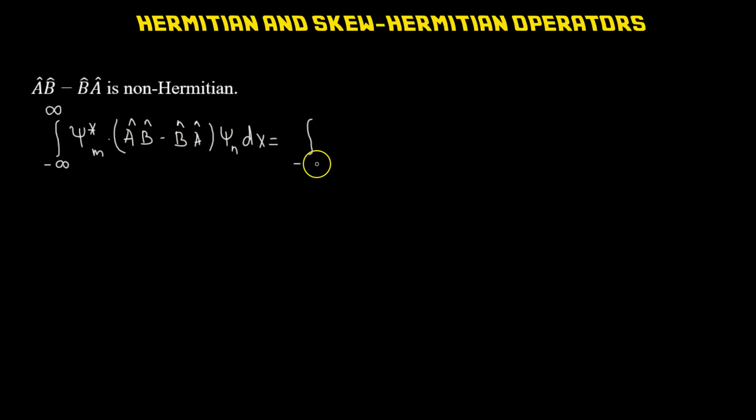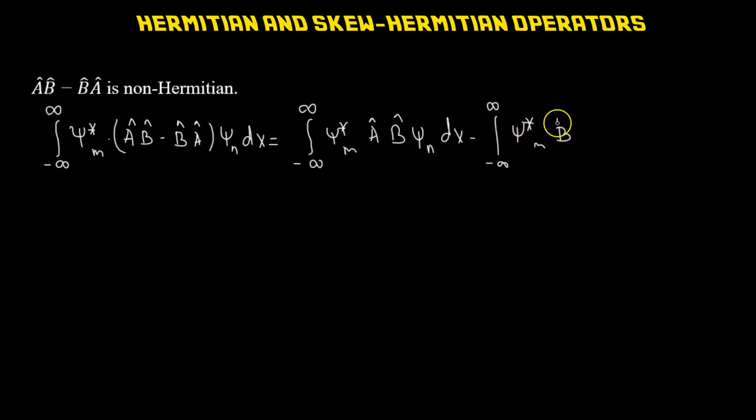So we have the integral from negative infinity to positive infinity of psi star m multiplied by the operator AB operating on psi n dx, minus the integral from negative infinity to positive infinity of psi star m, BA psi n dx, just like the previous problem.